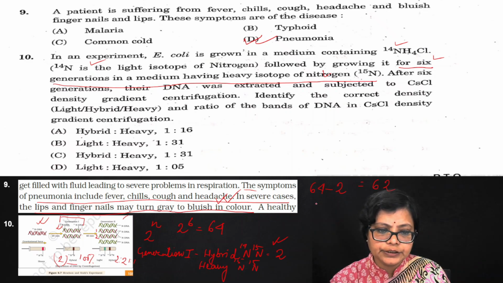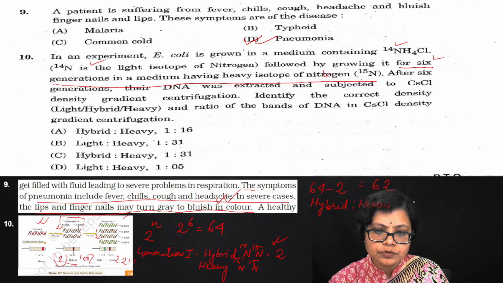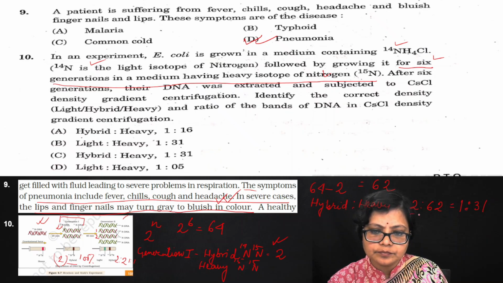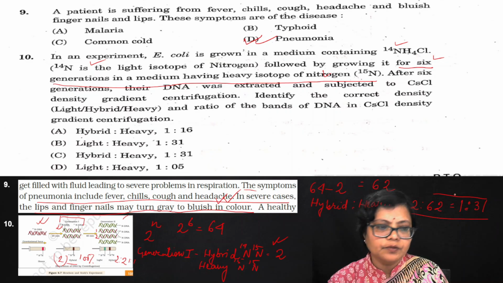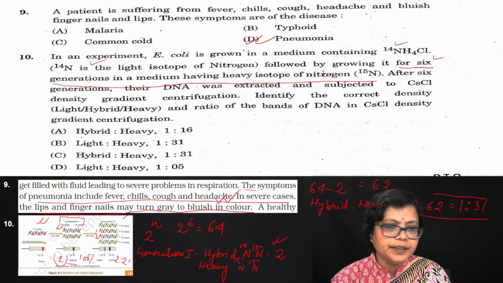So the ratio will be hybrid is to heavy equals 2:62. That means 1:31. Okay, so hybrid is to heavy 1:31.